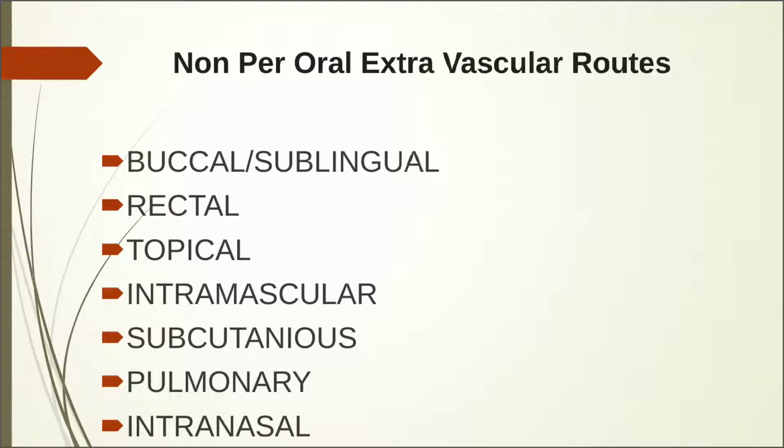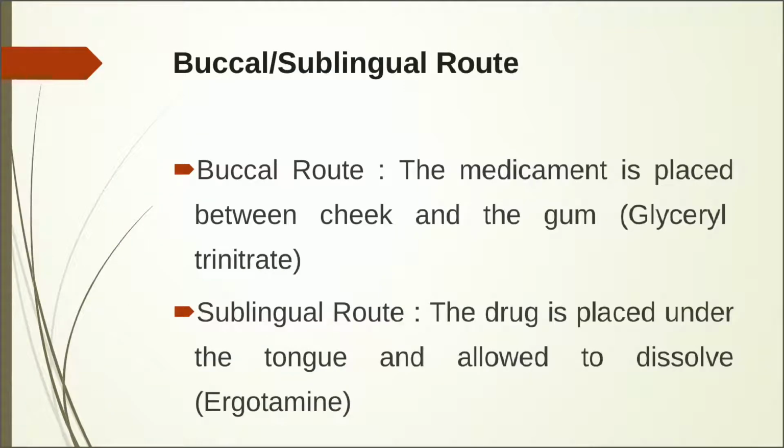These are various routes by which we can administer drug to humans other than the oral route, or bypassing the gastrointestinal tract. Now let us try to understand the advantages, disadvantages and the basic introduction of individual routes of administration.